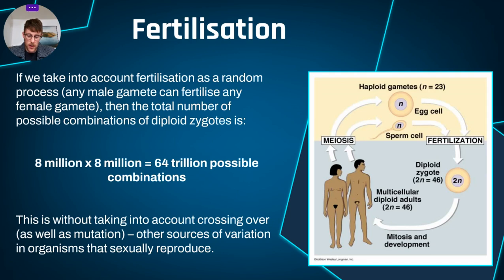And so in each of the daughter cells produced from mum's side to produce the egg cells, and each of the daughter cells produced on dad's side to produce sperm, being about 1 in 8 million, once they combine together, there's like 64 trillion possible combinations for what you could look like. So on every single gene being what you are, that's 1 in 64 trillion. The chances of that are so small.